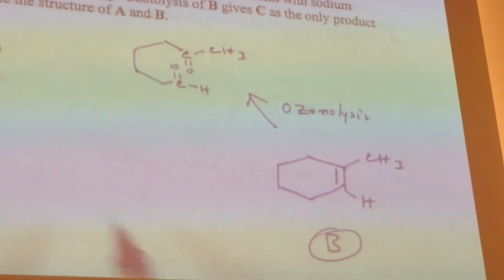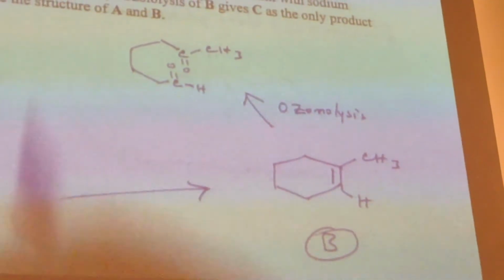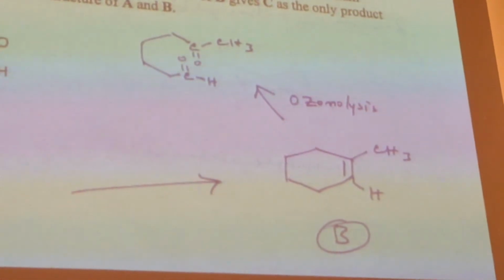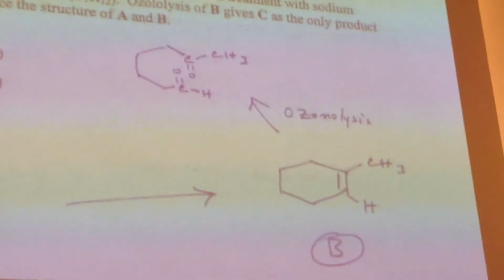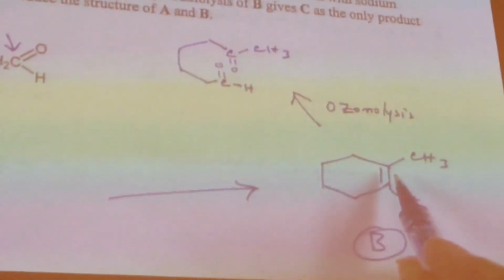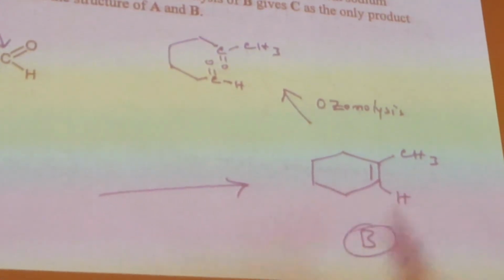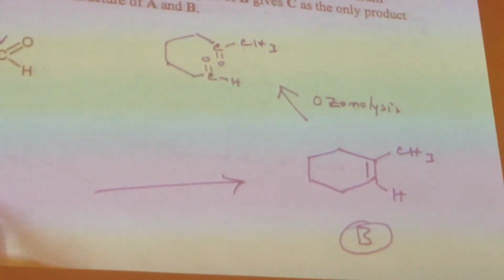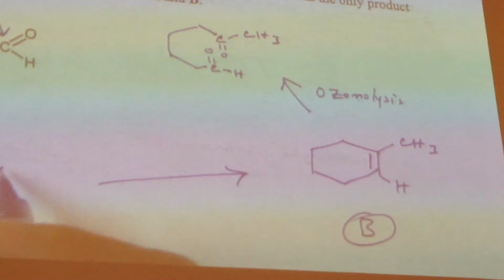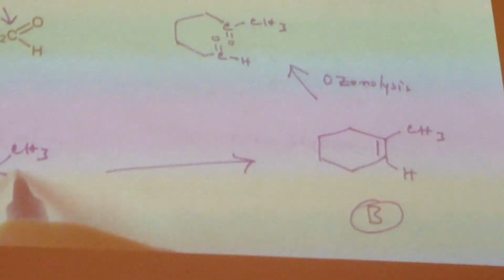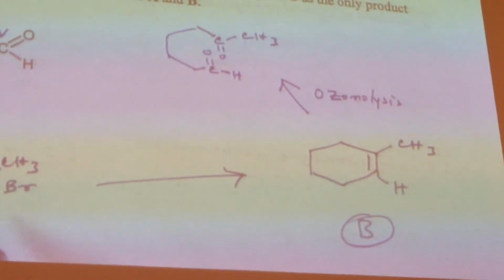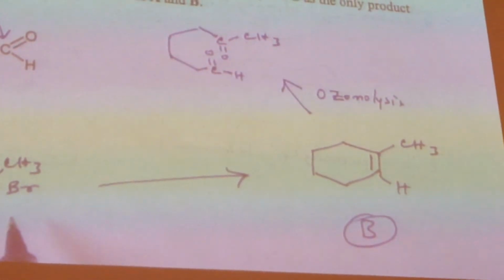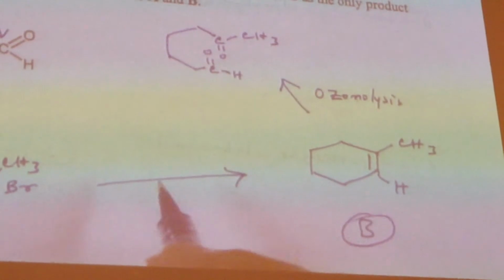And now B can be generated by elimination of H and Br from a bromide. Now it's also telling us it's a tertiary bromide. So the bromine must have been attached here and not here. Okay. So that gives us the idea that it was this. So that is the only tertiary bromide that can give you this upon elimination.